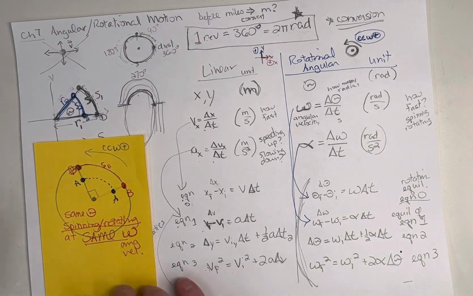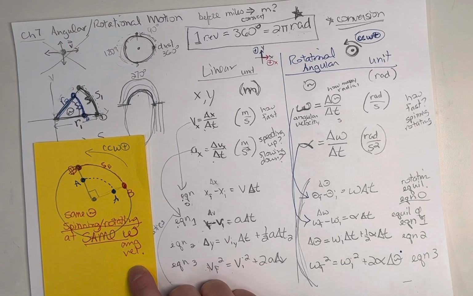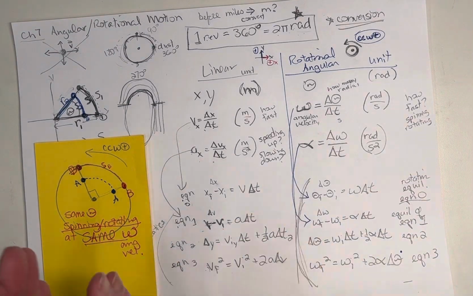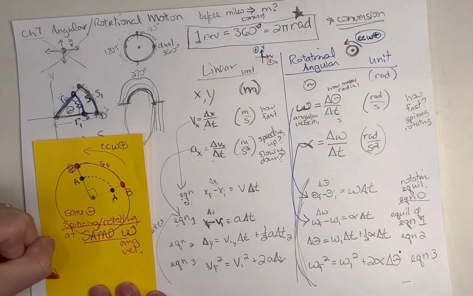Same angular velocity, but I know that B is running a longer path than A, so there must be some way to connect the idea of angular motion to rotational motion. Okay, so there must be some way to figure out the actual velocity.